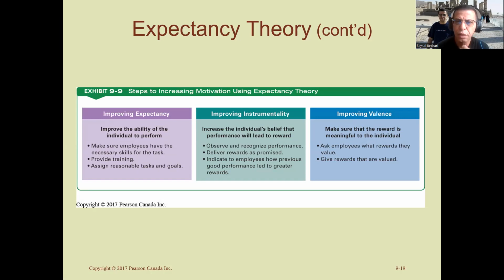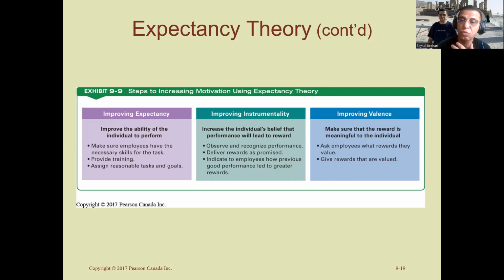And for the employees, improve the instrumentality. Increase the individual belief that the performance will lead to reward. Observe and recognize the performance, say this is a good job, eventually you're going to get this, deliver the reward as promised on time, indicate to employees how previous good performance led to a greater reward.